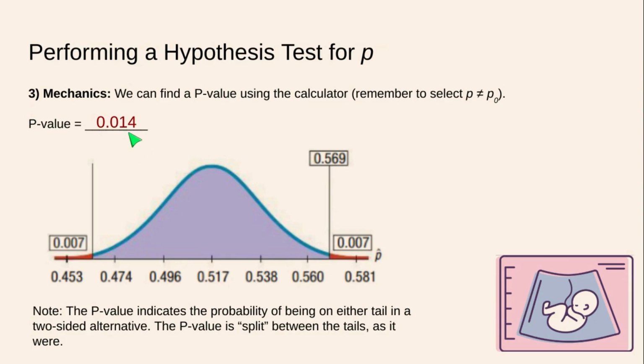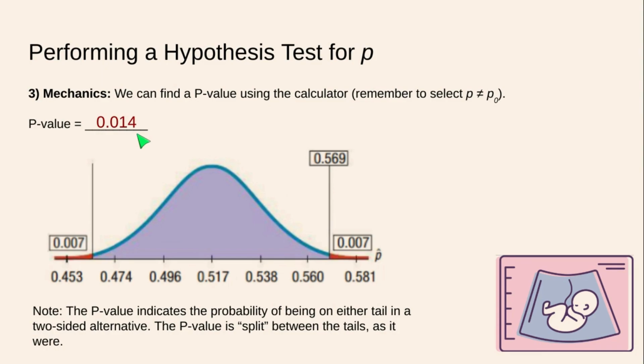That p-value then would mean there is this likelihood of a significant difference going either way. So this p-value means the likelihood that we got a value this far out either on the left or the right-hand side would be 0.014. So half, 0.007, is on either side.